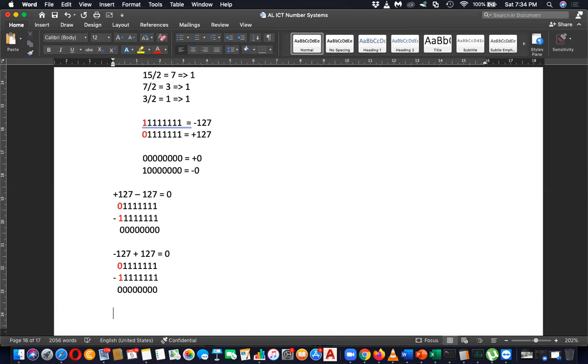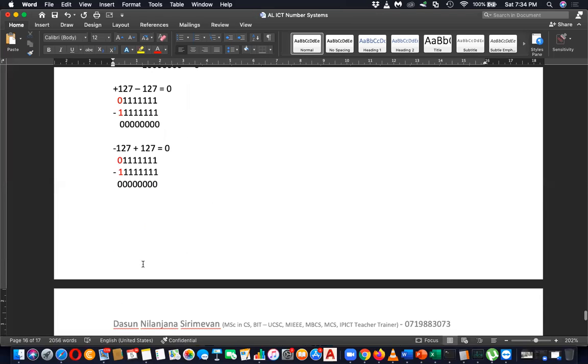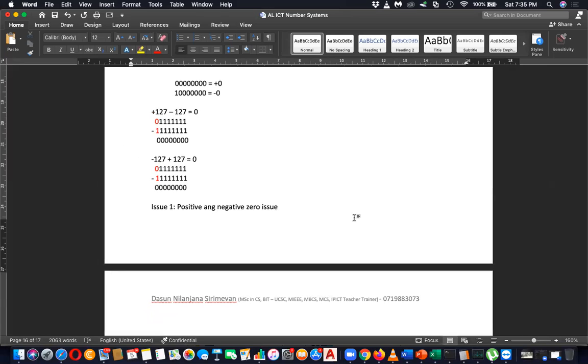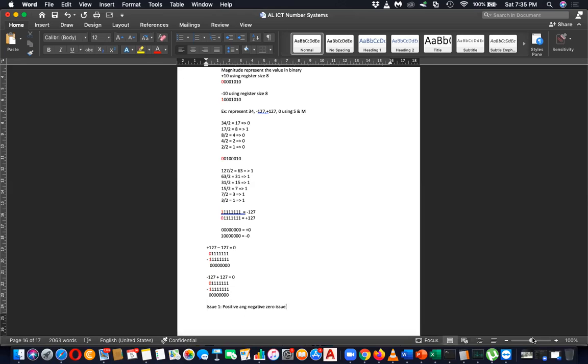Okay, then can you calculate this one using sign and magnitude? Now you can see the issues. Issue number 1, the positive and negative 0 issue. Sign and magnitude issue number 1, positive and negative 0 issue. So please write down the answers as well.